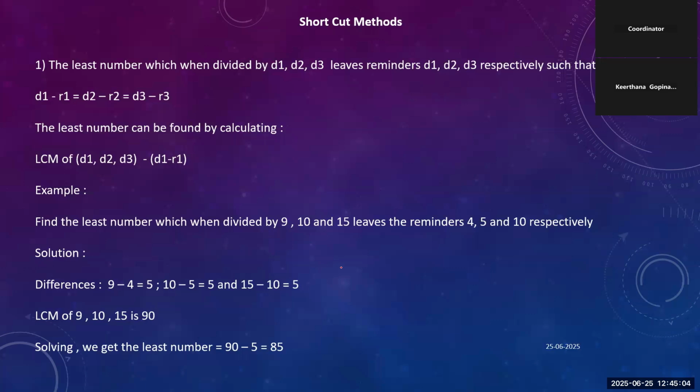We have to find a number. Let us assume this number is x. When x is divided by 9, you get a quotient plus remainder 4.